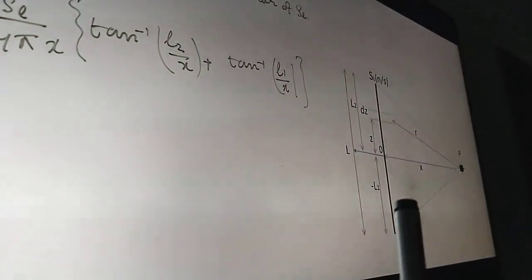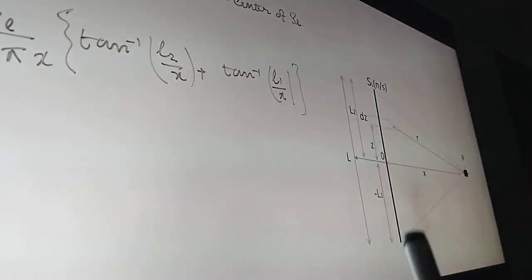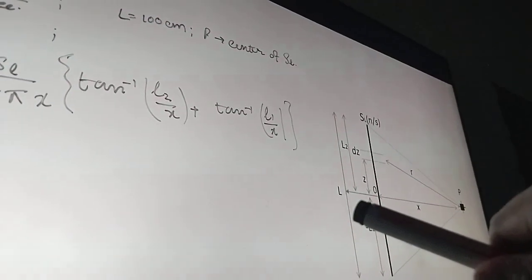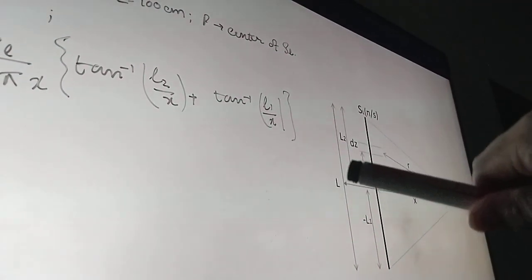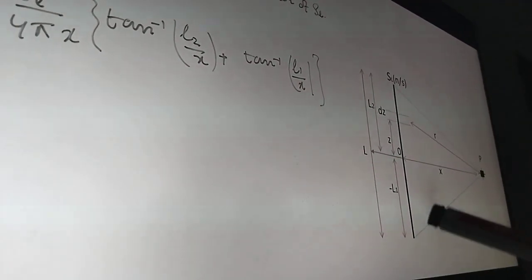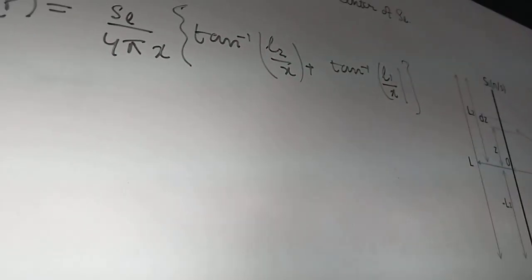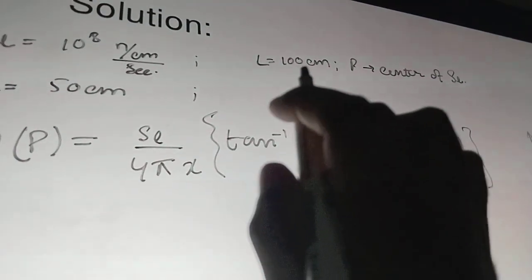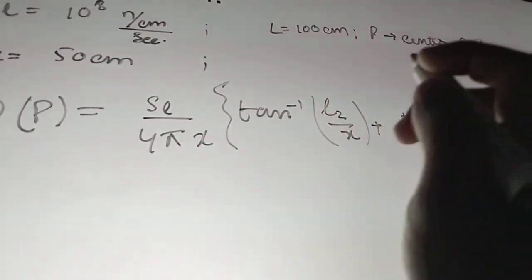Since this point P is located at the center of this line source and the length of this line source is 100 centimeters, then this L2 distance is 50 centimeters, and this L1 distance is again 50 centimeters, because half of this length is 50 centimeters.